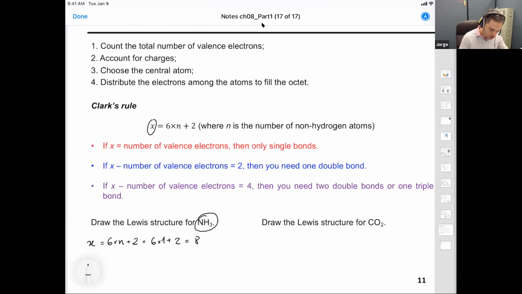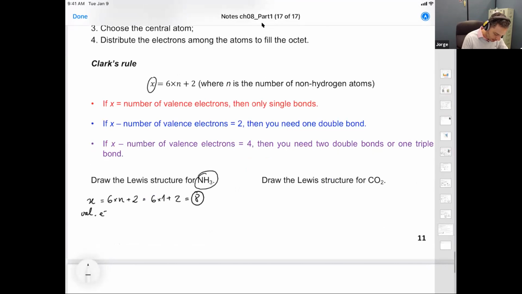Now we are going to compare 8 with the number of valence electrons. Let me draw the valence electrons here. We have 5 from the nitrogen plus 3 times 1 from all the hydrogens, which yields 8 as well. So in this case, x is equal to the number of valence electrons.